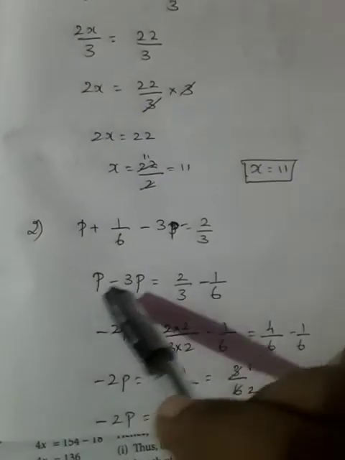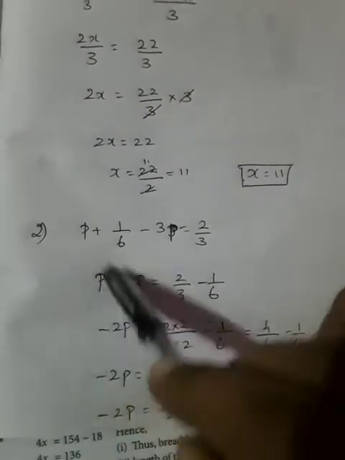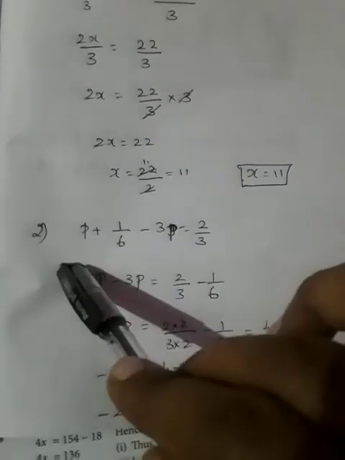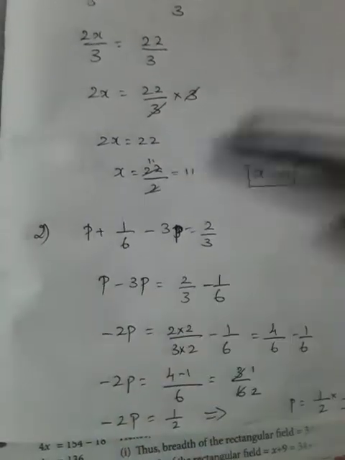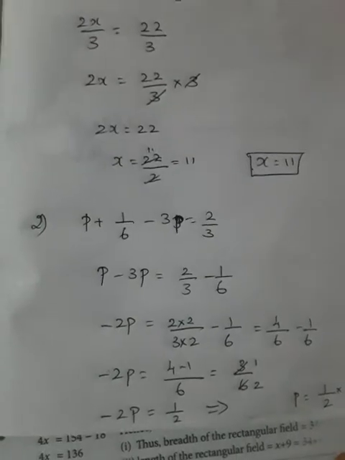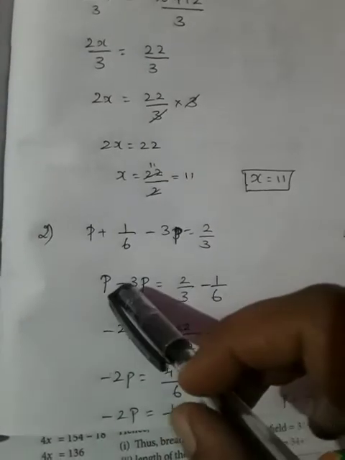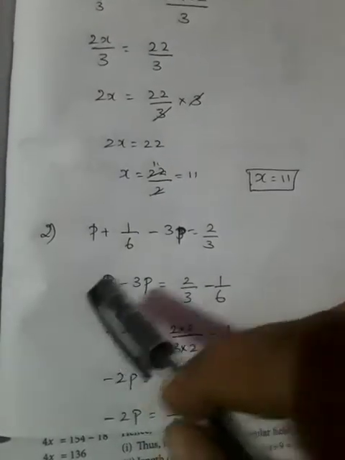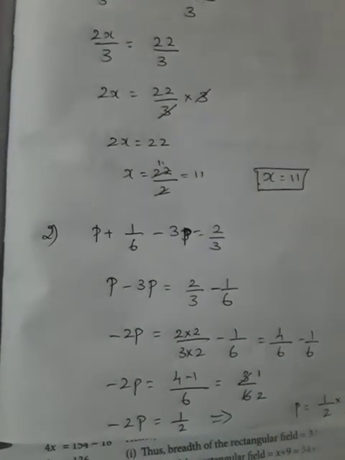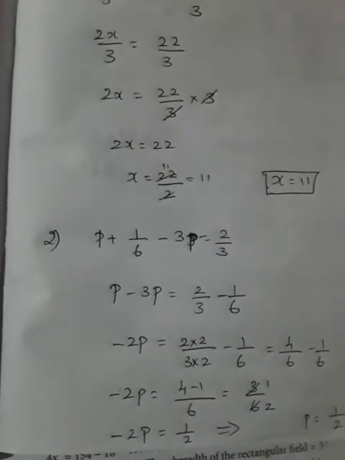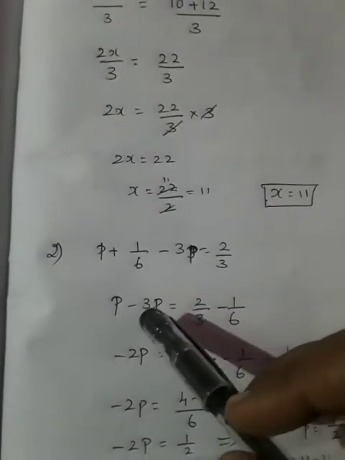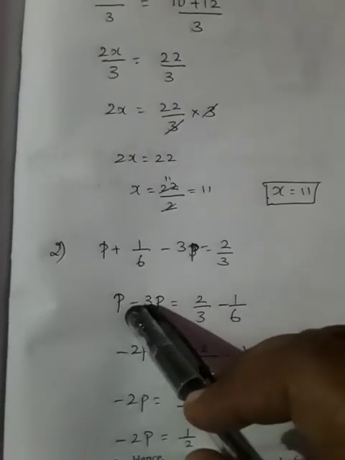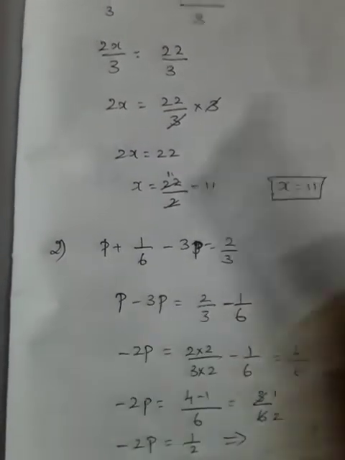Got it? Now this p is considered as 1p. If there is no coefficient, you can consider it as 1. So 1p minus 3p, that is 1 minus 3. Here it is subtraction, so 3 minus 1 is equal to 2, but the greater number is 3 and it has the minus sign. That's why we write minus 2p.